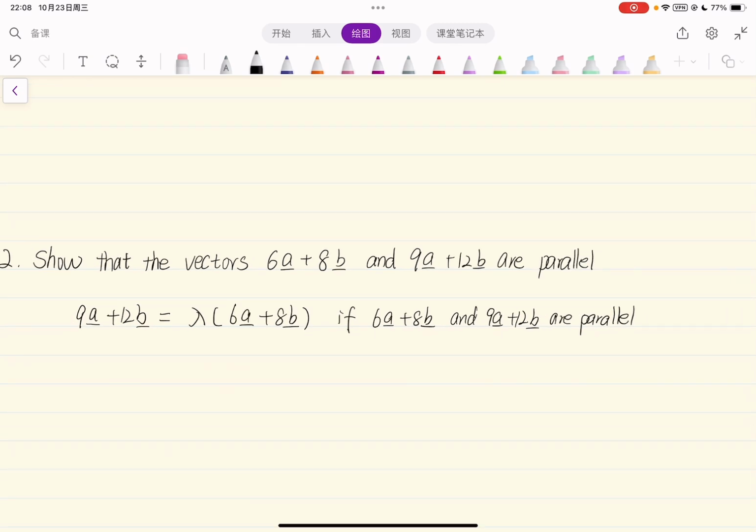So let's do it. 9a plus 12b equals 3/2 times 6a plus 8b.